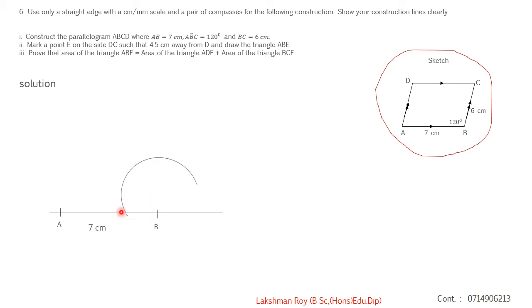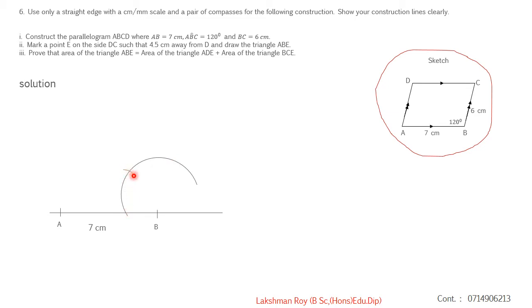Then draw a curve. To construct 120 degree you have to keep the point of the pair of compasses here. Without changing this length you have to mark an arc.